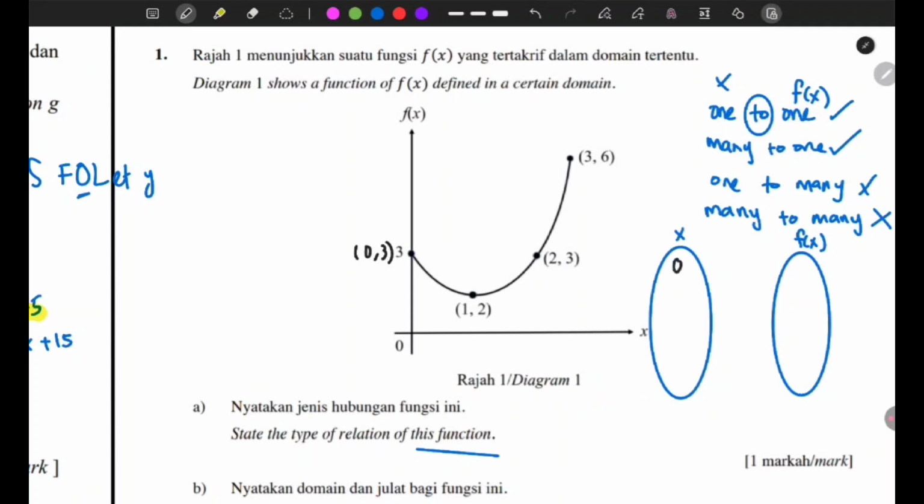So here x is 0. Here your x is 1, 2, 3. And by the way, this side is all your fx. 3, 2, 3, 6. So I follow the order 2, 3, again 3, and then 6. And now let's do the mapping. So 0 maps with 3. And then the 1 maps with 2. And the 2 maps with 3 also.